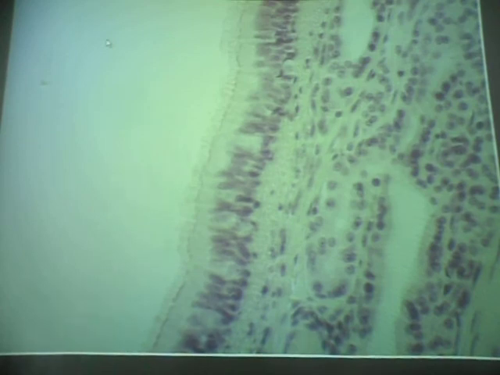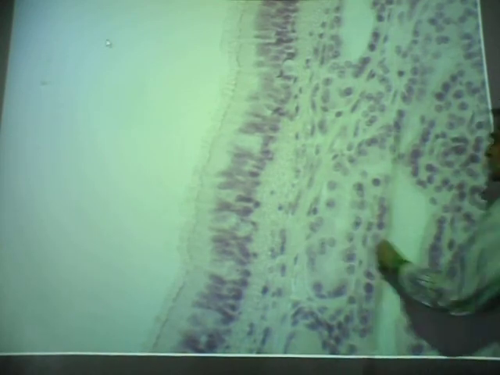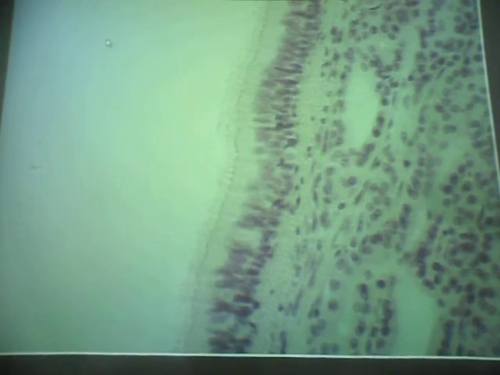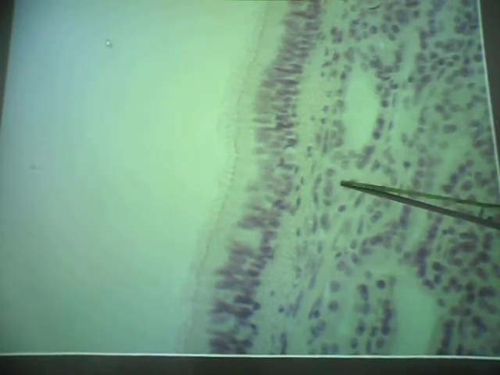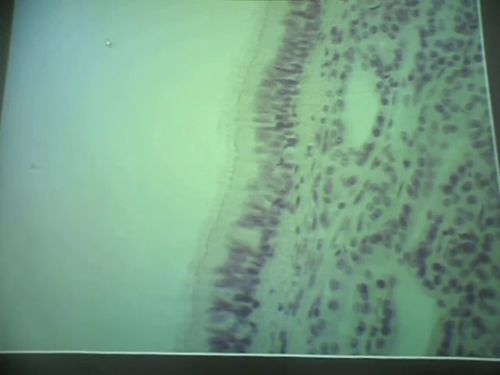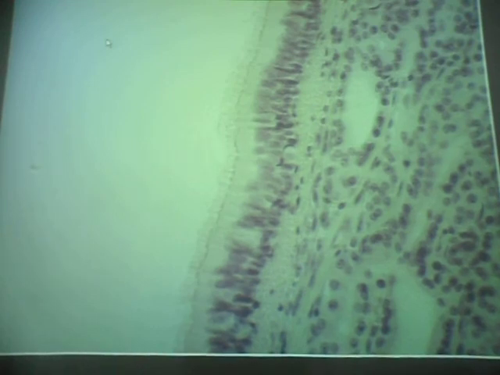Okay? Now, deep to that, this is the connective tissue. And in the connective tissue, you have multicellular glands, which also secrete mucus. And that's what these things are. Okay? These are called seromucous glands. So the seromucous glands are multicellular. They're in the connective tissue.